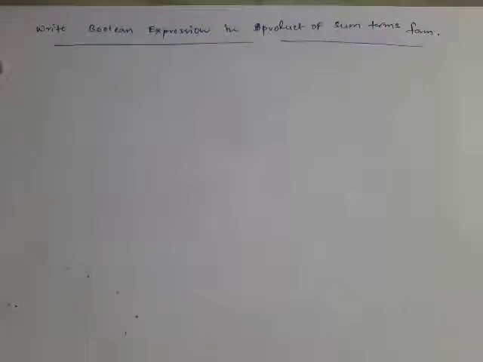And while writing the sum terms, we write the variable in its original form if its value is 0, and we'll write the variable in its complemented form if its value is 1. And to obtain the final expression, we'll take the product of all the sum terms.